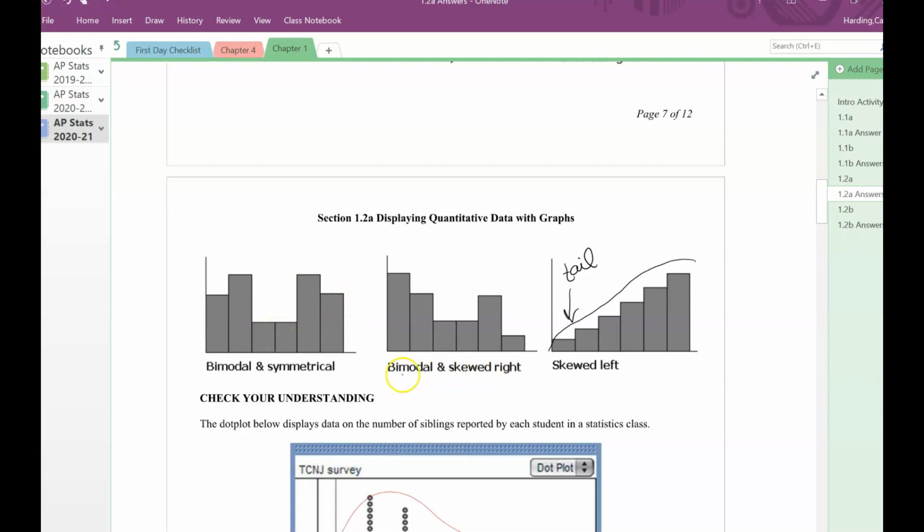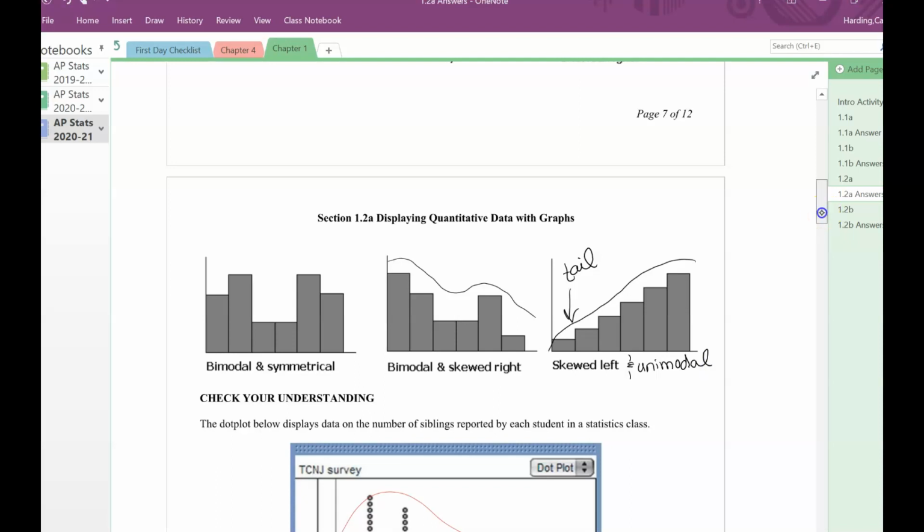This one in the middle, bimodal and skewed right. So there's two peaks here, but it does have a tail out to the right side. If there's only one mode or one peak, it would be called unimodal. So this one right here, we could even add in unimodal. Those are the descriptor words that you're going to use in describing the shape of a graph.